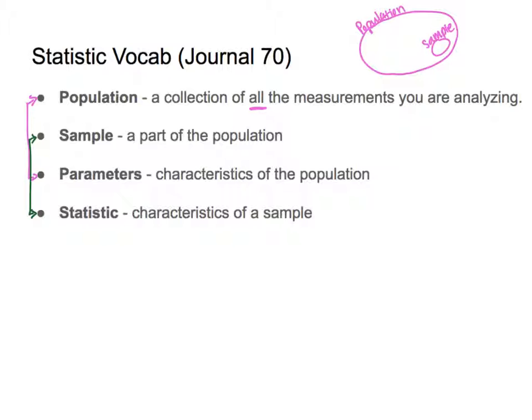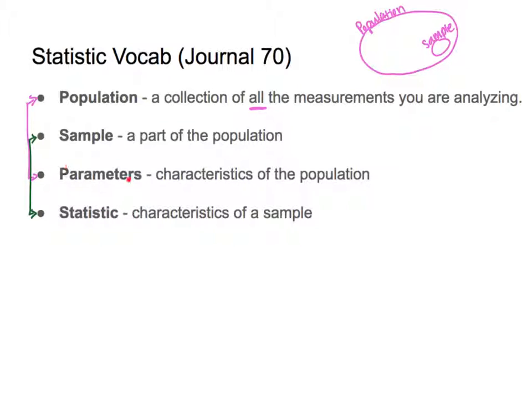There are a lot of people in Norman, and to hit every person and ask them this question is not going to be realistic. So even though the population is every person in Norman, I'm not going to be able to get that data. Instead, what I have to do is get a sample. I could go to maybe 100 people in Norman, ask their opinion on Norman Public Schools, gather that data, and use that for my statistics.